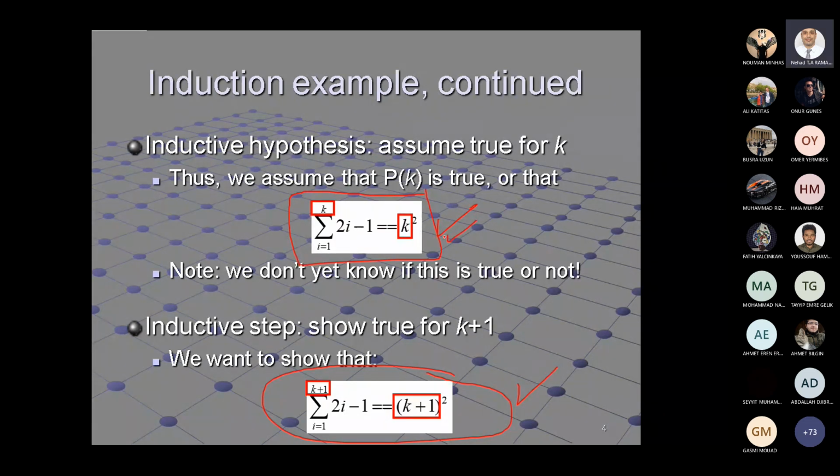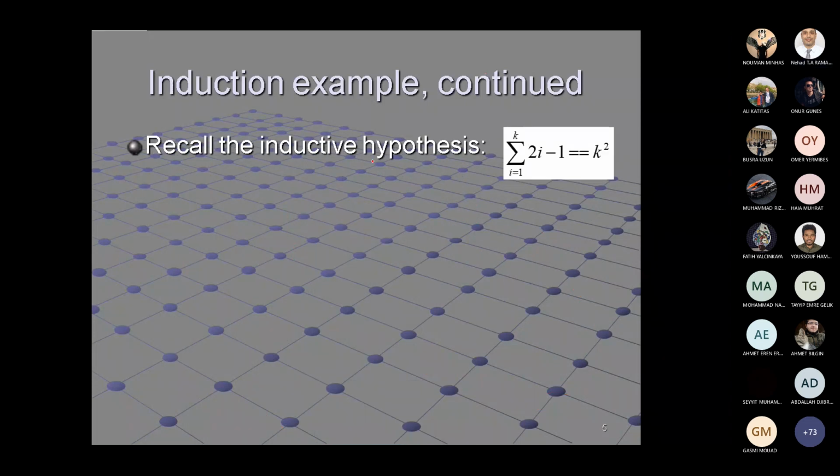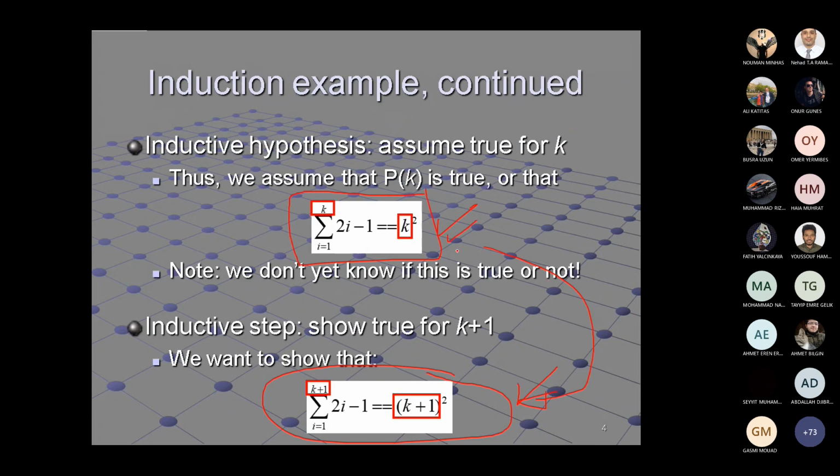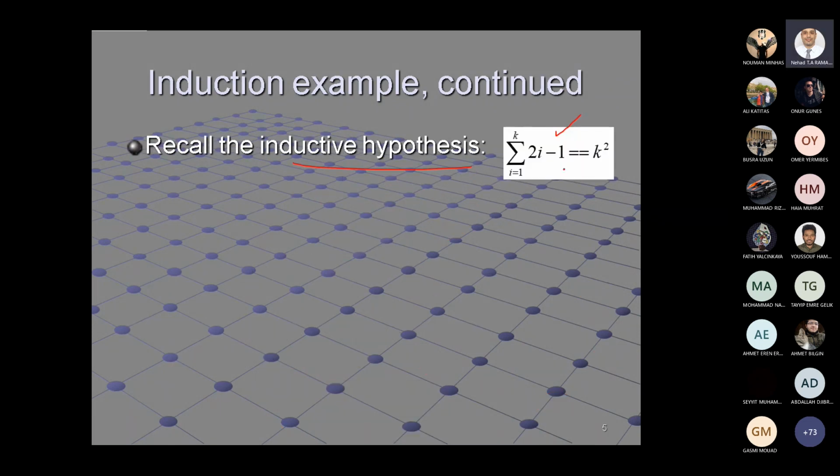We will use this one here. This is our hypothesis. I copied it here because we need it, so we need to remember it. Okay. This is our assumption, our hypothesis.